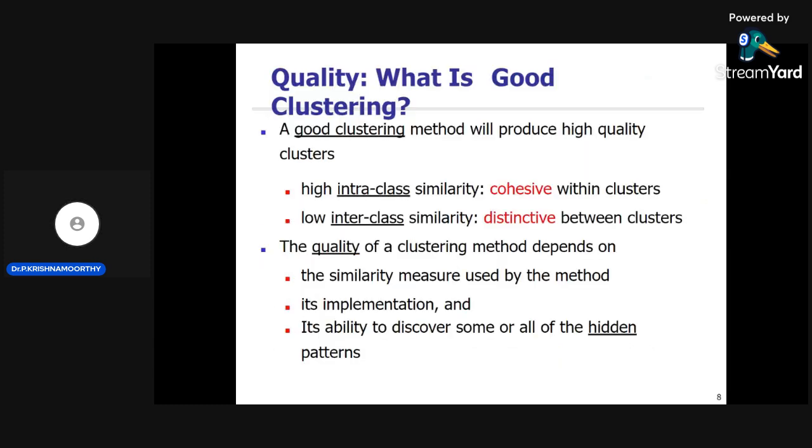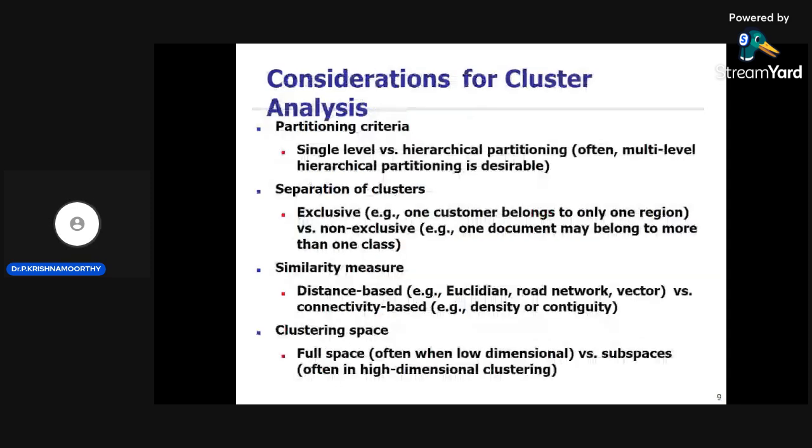A good clustering method will produce high quality clusters: high intra-class similarity, cohesive within clusters, and low inter-class similarity, distinct between clusters. The quality of a clustering method depends on the similarity measure used, its implementation, and its ability to discover some or all of the hidden patterns.